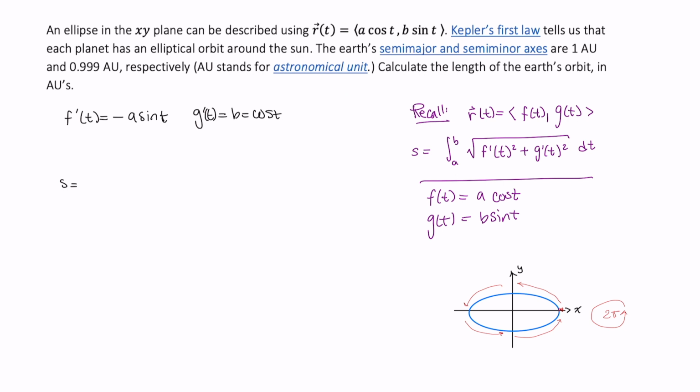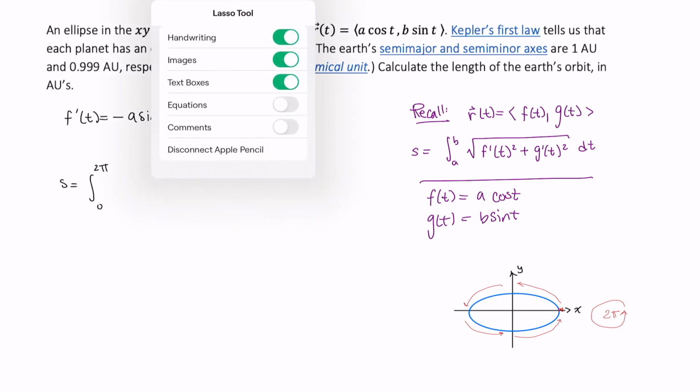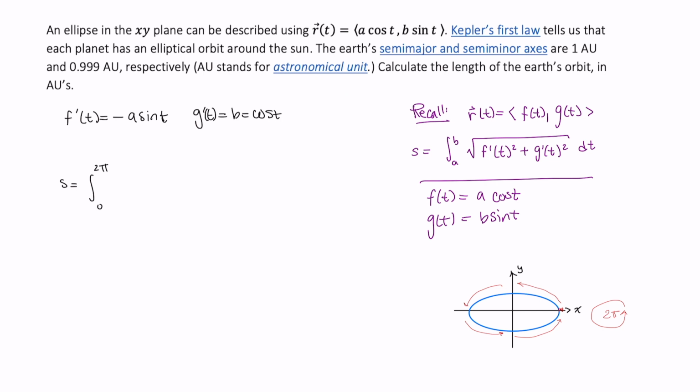All right then, so let's start our integral at 0. It's tempting to put 2 pi here, and I'll do it for the first step, because I do not want to lose anyone along the way. So I'm going to write a squared sine squared t plus b squared cosine squared t.